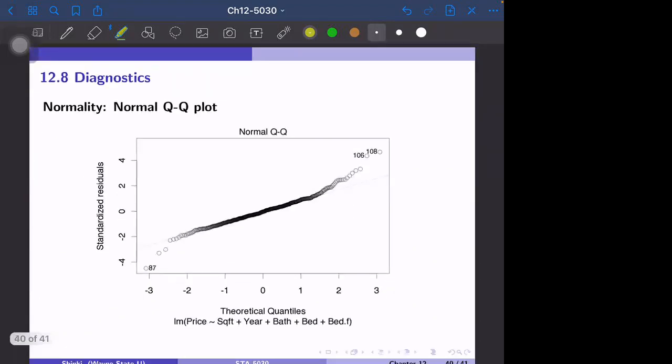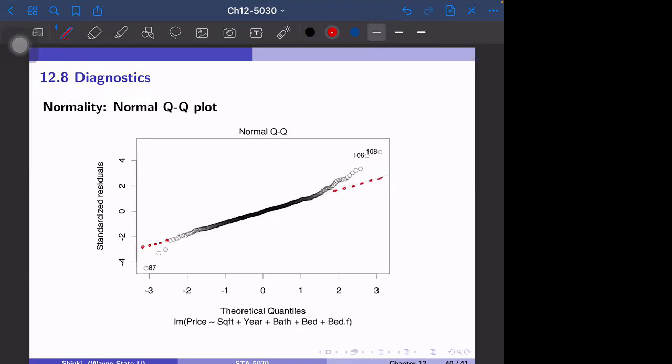And the next one, I think we have already covered in earlier chapters, chapter 4 or 5. This is a QQ plot, where we would like to see the normality of the errors. If errors are normally distributed, then the QQ plot is a straight line pattern.